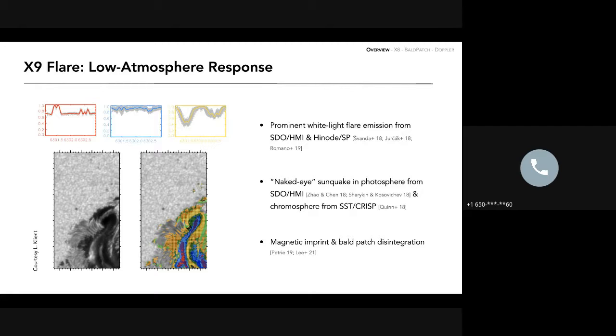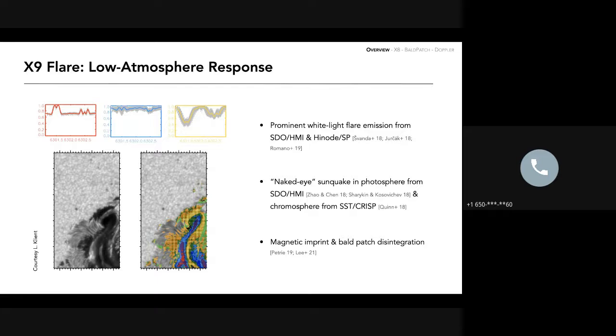Then slightly further away from the white light kernel are these blue pixels, where you see a much shallower absorption compared to the regular ones. And the yellow color shows you the regular absorption line with a large splitting. So this is a very nice observation of the white light flare, and you can actually estimate the magnetic field if you can find a way to model these flare spectra.